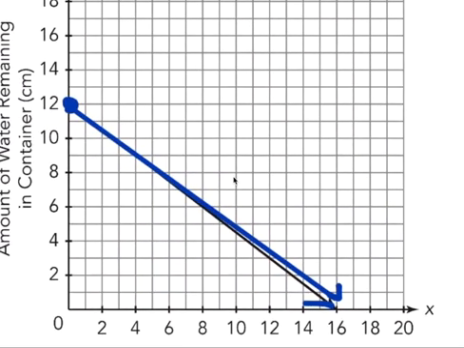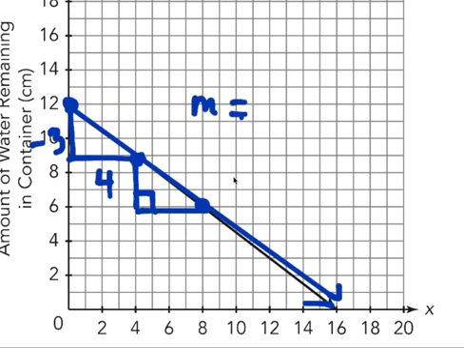So you go down, right there, down there, over there. So down 3, so that's a negative, over to that number 4. If you can see, it keeps going down 3 over 4 each time, creating a right triangle.